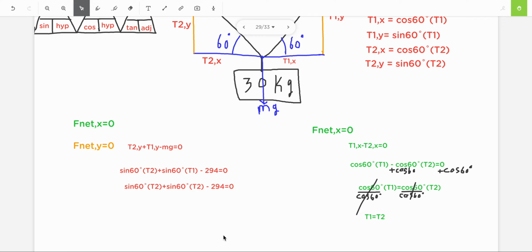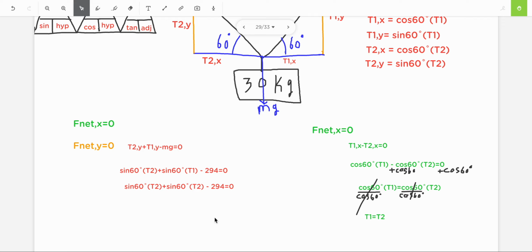Okay, so the answer is very easy, just 169.7 as shown on the calculator in the shift solve here.